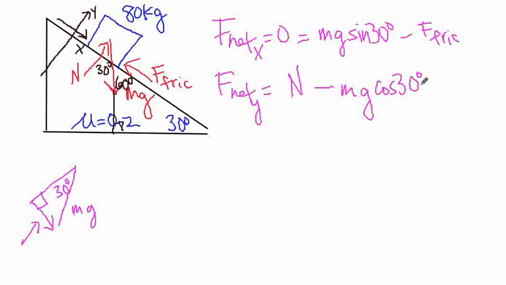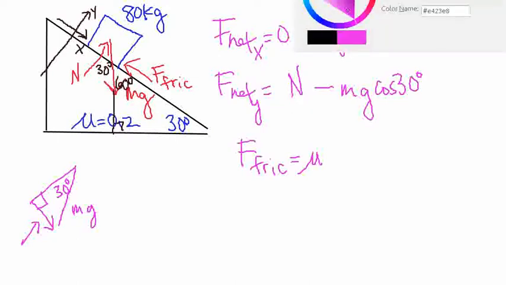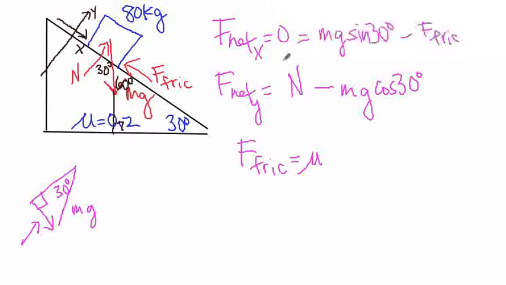Now if you wanted to calculate the friction, it's mu times the amount of force pressing normal to the surface. So that's going to be the N, which, let me work this out, let me focus on this equation right here.